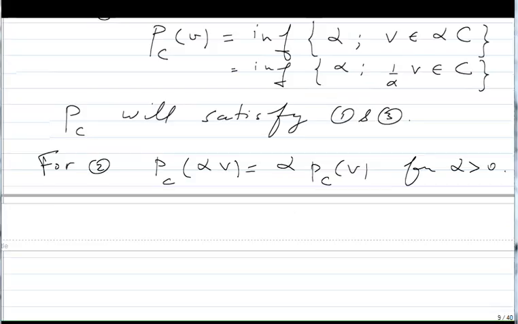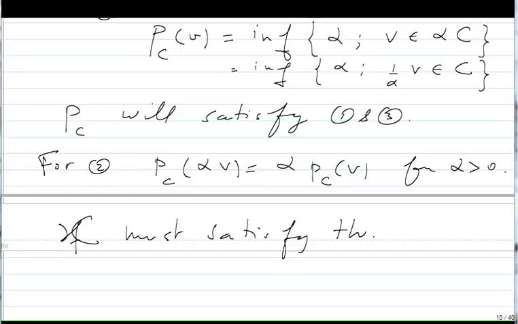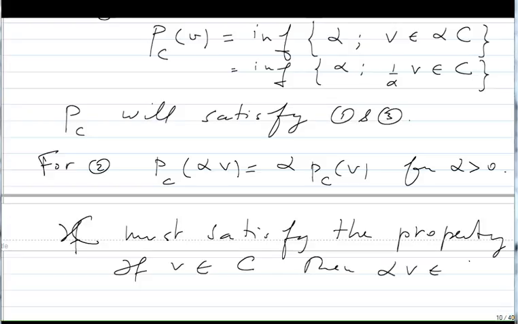So in order to catch alpha positive or negative, C must satisfy the property that if v belongs to C, then alpha v belongs to C, provided the absolute value of alpha is less or equal than 1, or less than 1 if C is open or closed, in other words.